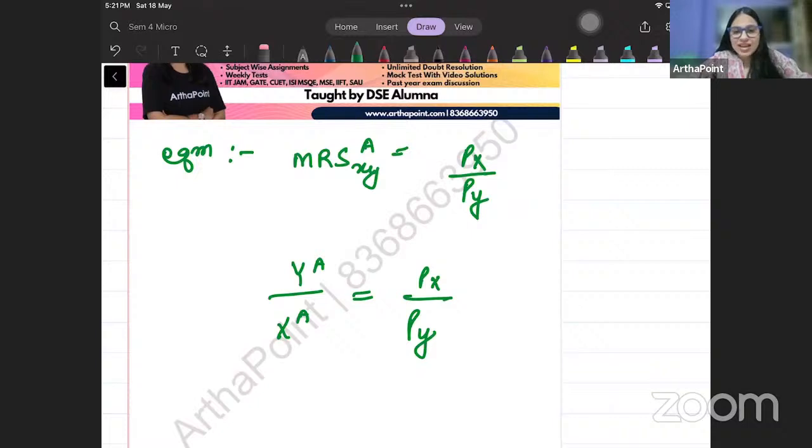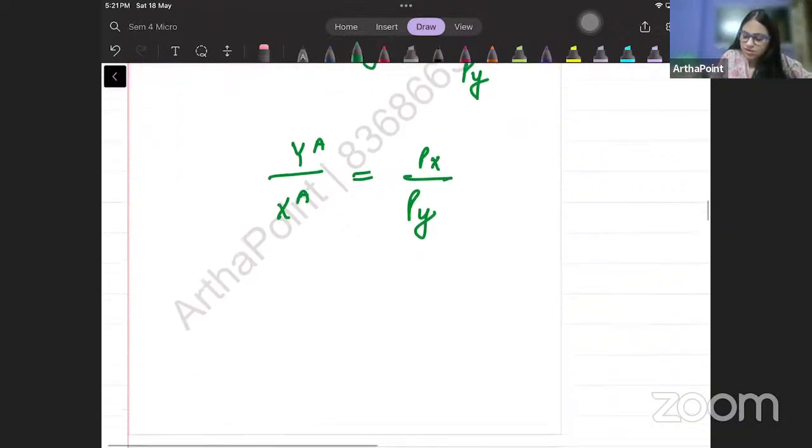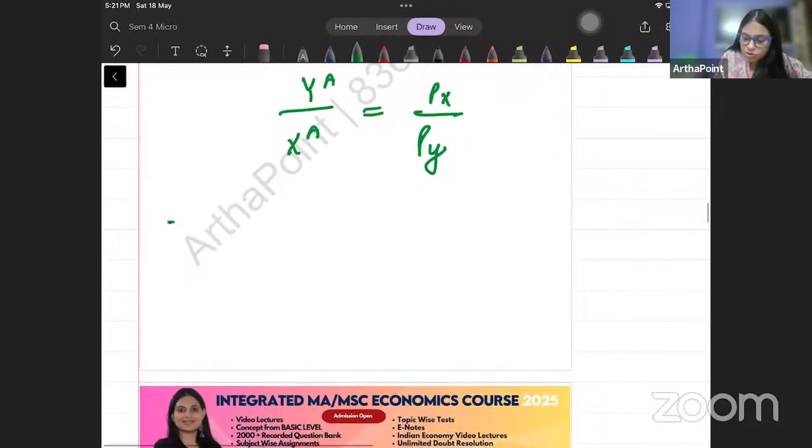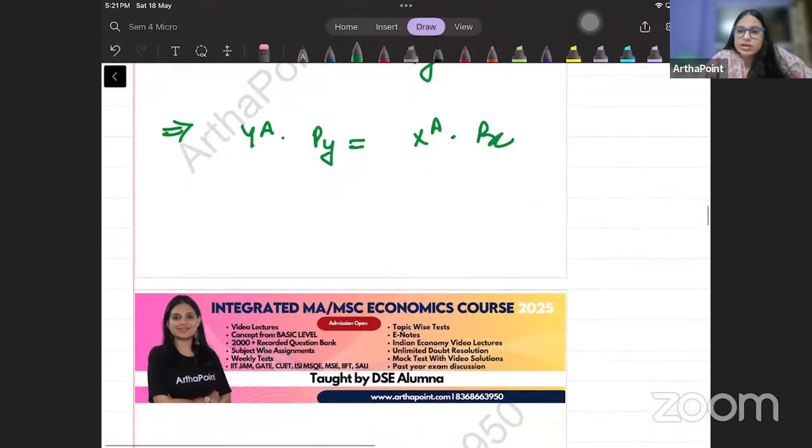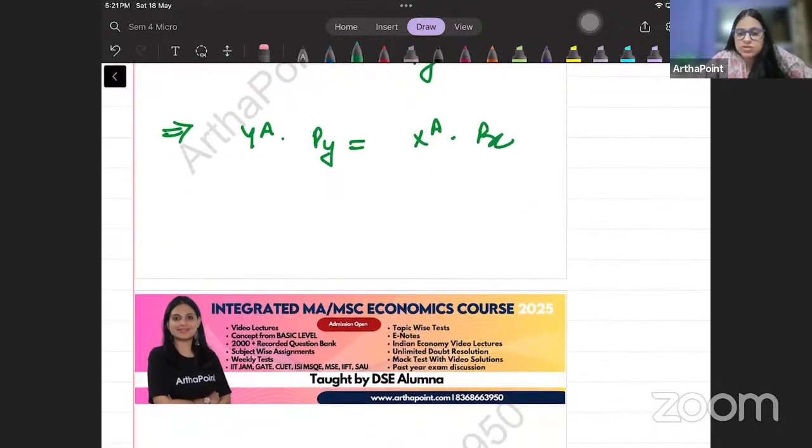Okay, let's continue. So from here, I will get YA by XA is equal to PX by PY. Now, from the point of individual A beta, I will get YA into PY is equal to XA into PX. ये बहुत important property है of well-defined preferences of Cobb-Douglas.